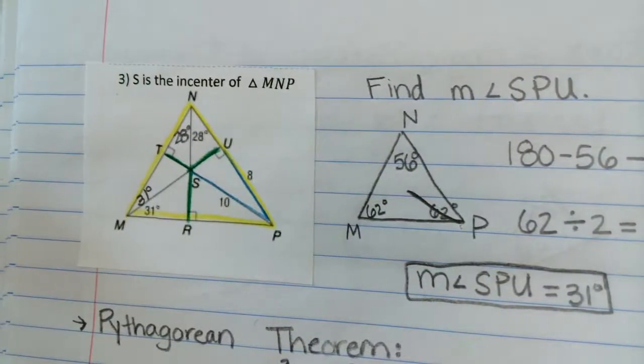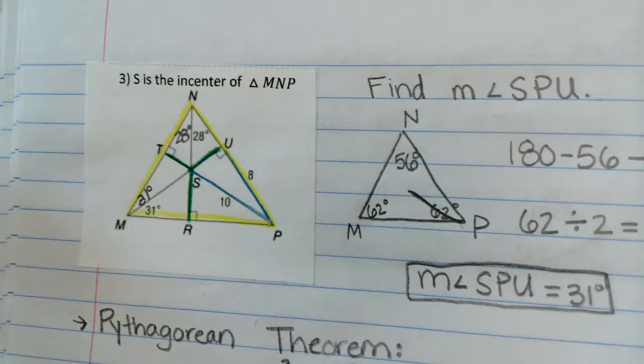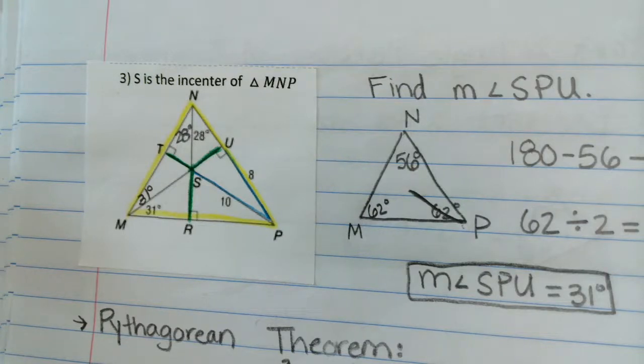They're congruent. So what we're going to do is look for the side lengths that we know, because we're going to look for SR. What side lengths do we know already? What's SP? 10. Do we know RP? No. So this SR is going to be really hard to find without that RP.